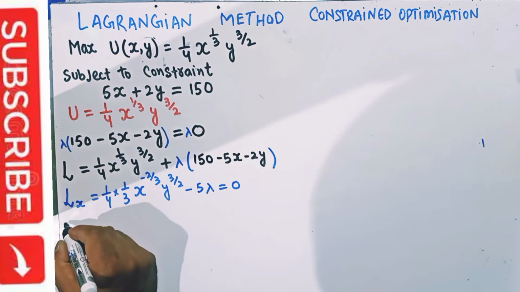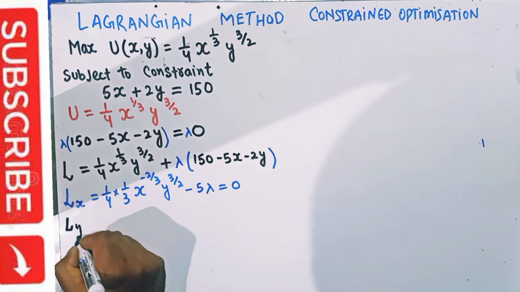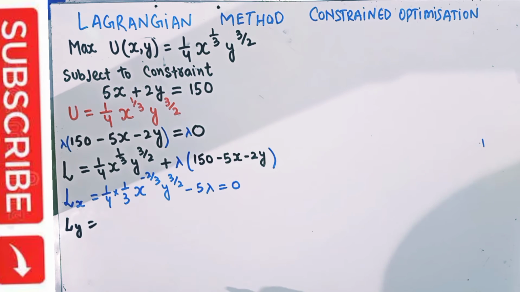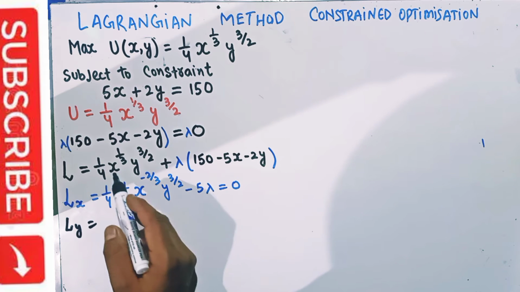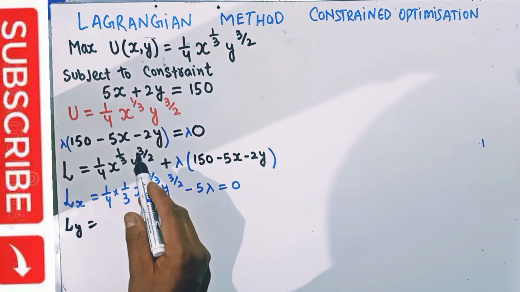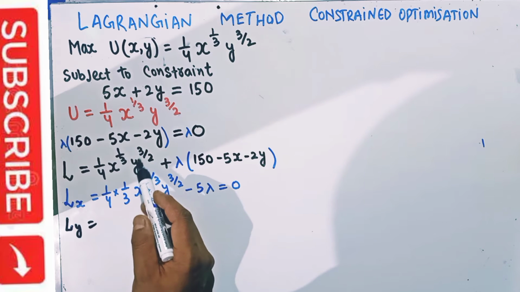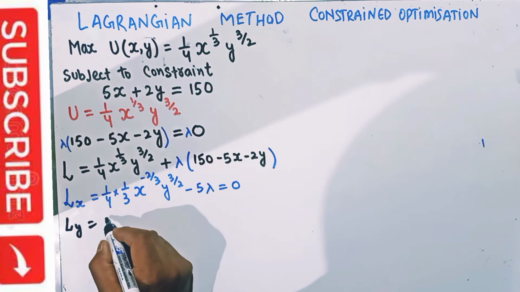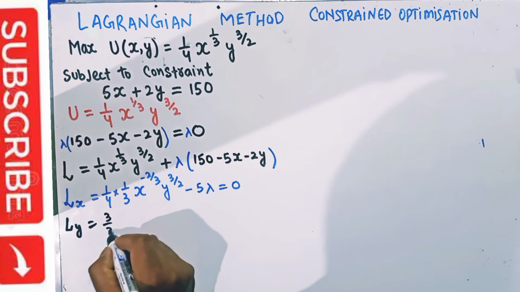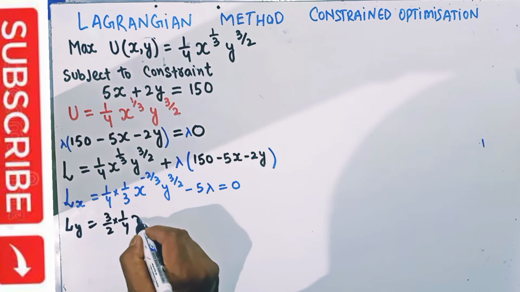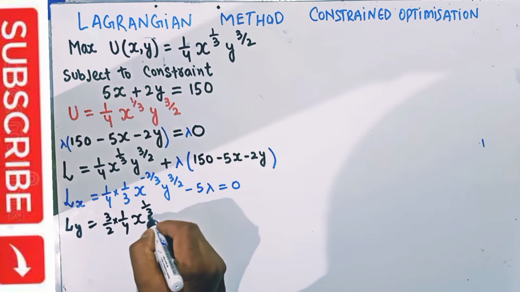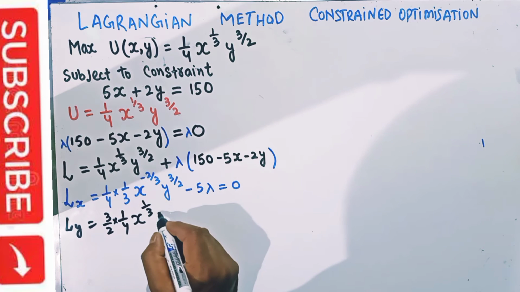Similarly, L subscript y denotes the partial derivative of this Lagrange's function with respect to y. This time the exponent of y raised to power 3 upon 2 will become the coefficient. So we will have 3 upon 2, then we have 1 upon 4 x raised to power 1 upon 3, which will remain the same because we are taking partials with respect to y.